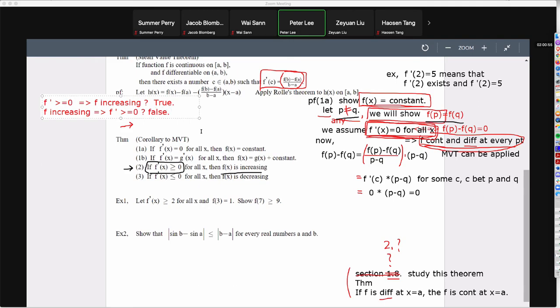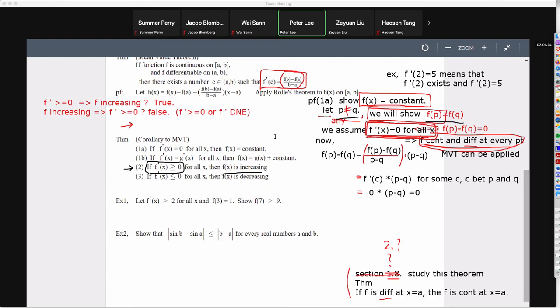If f is increasing, f prime is positive. That is not always true, because in this case, what is true is this: f prime is either greater than 0, or greater or equal to 0, or f prime does not exist. One of them is true. So we cannot conclude that f prime is greater than 0 if it exists.